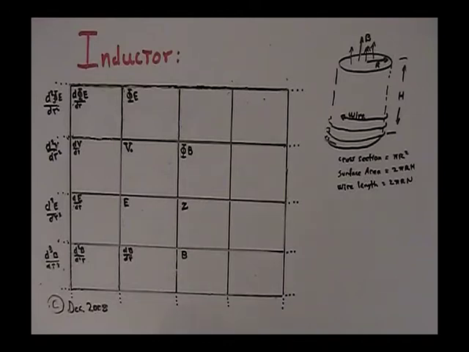And at this point, we can recognize that when we went from B to flux B, we gained a factor of n pi r squared.